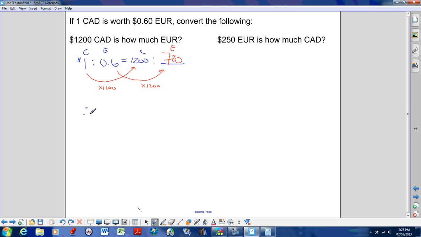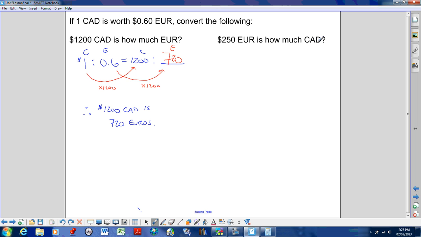So therefore, if you have 1,200 Canadian to take over, that doesn't really make a whole lot of sense. Try to make a sentence at least make sense here. 1,200 Canadian is 720 euros.